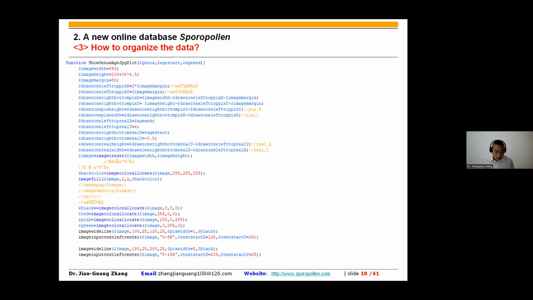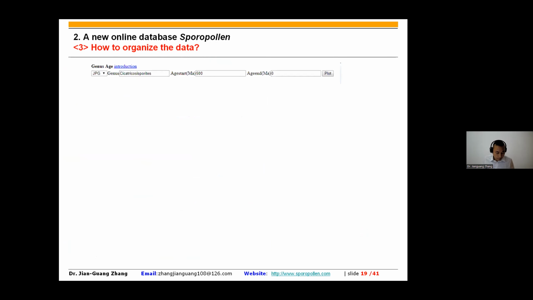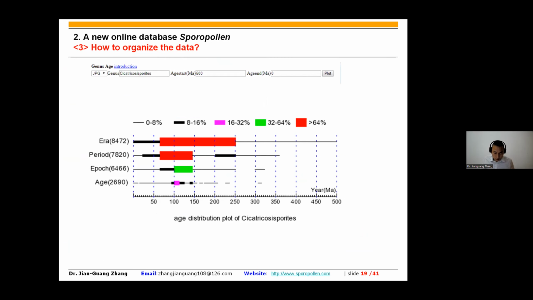Then the flowchart is compiled into PHP code. Finally, an interface is created based on the PHP code, so that the user only needs to input a genus or species name into the database, then click the plot button. The result will show up in a few seconds.